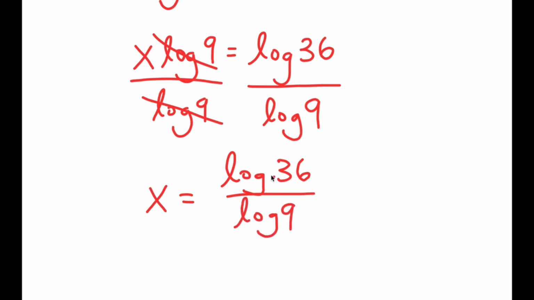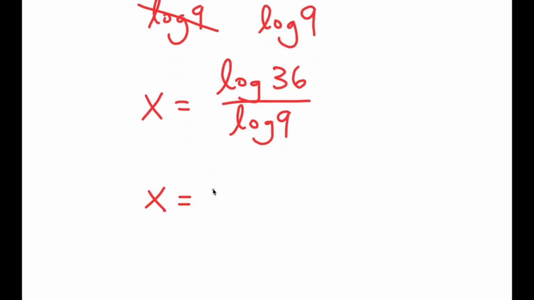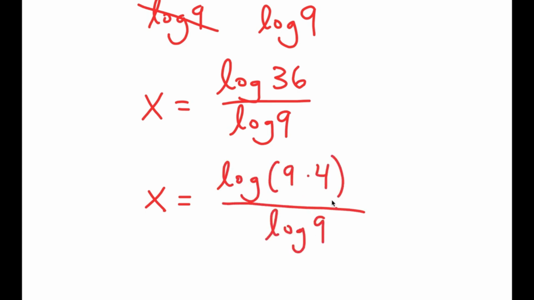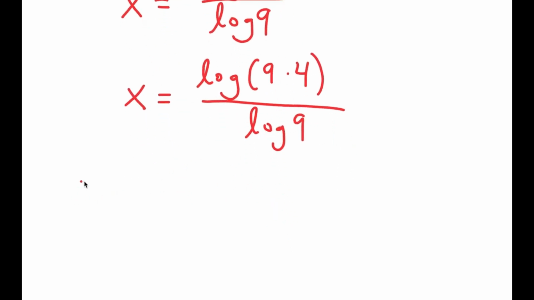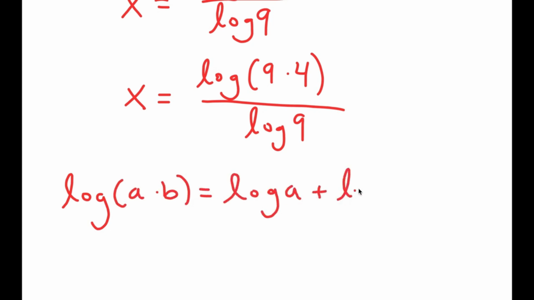Now, we aren't done yet because we want to find the exact value of x, so we don't want any logarithms in our solution. So now what I'm going to do is rewrite log of 36 as log of 9 times 4, because I just want to simplify log 36. And now I can use the property that states that if I have something in the form log a times b, this is equal to log a plus log b.